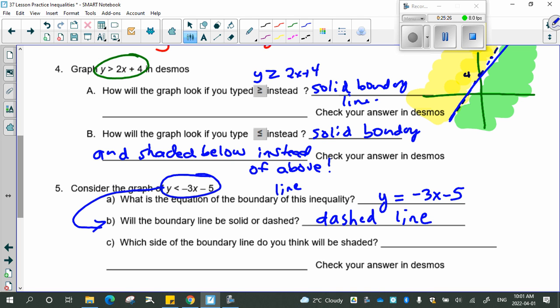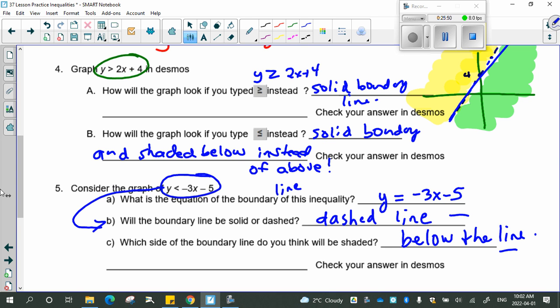Which side of the boundary line is going to be shaded, do you think? y is less than negative 3x minus 5. Above the line or below the line? Below. Okay, so when we do this on Desmos, we're expecting the boundary line to be negative 3x minus 5. We expect it to be dashed, and we expect it to be shaded below that line.